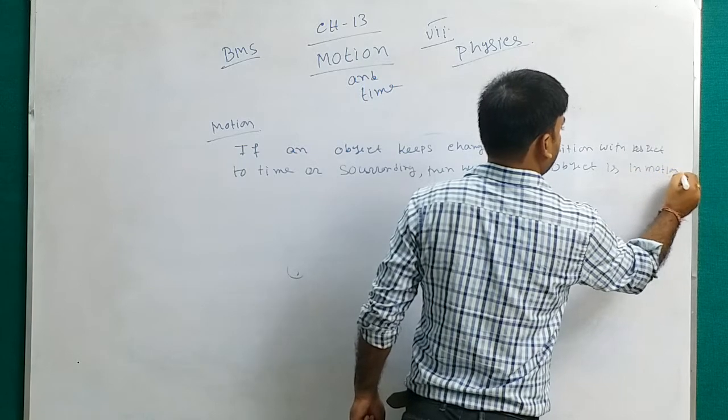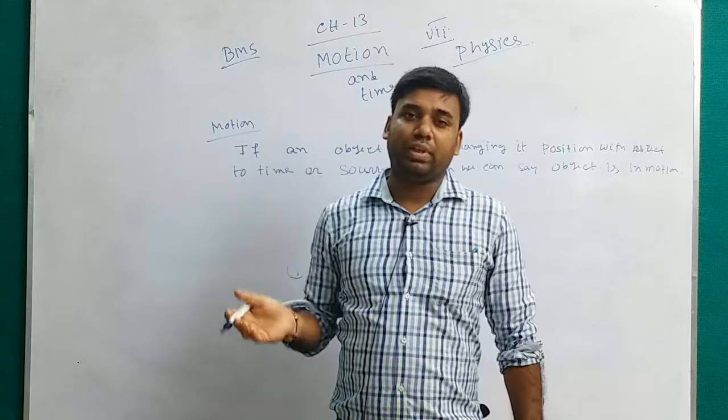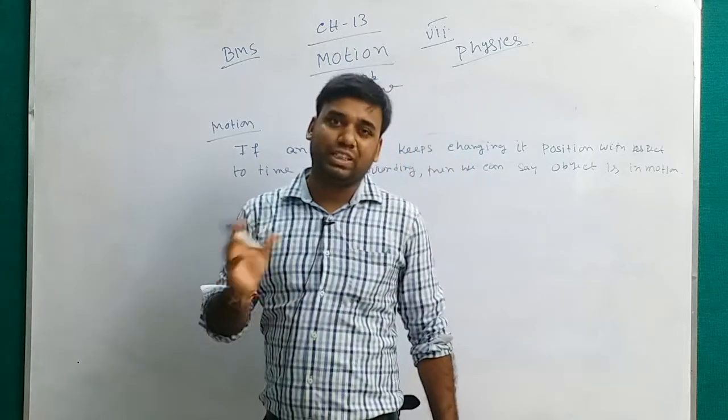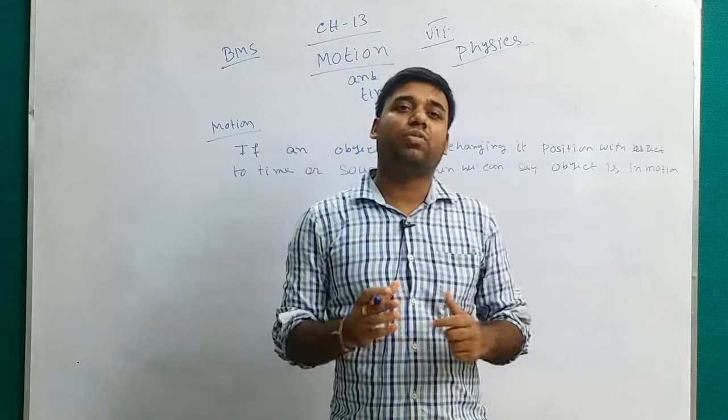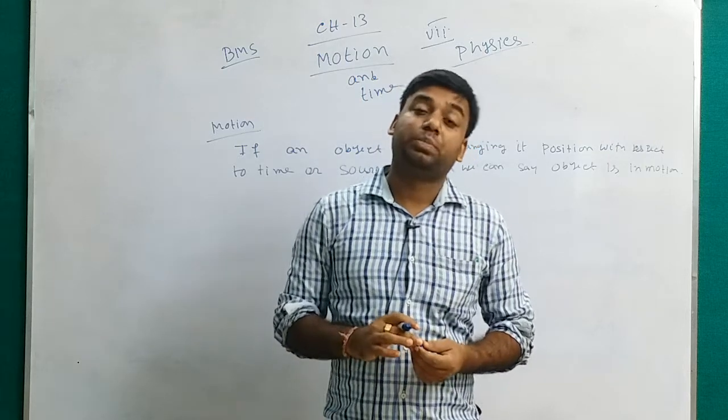Okay, the object is in motion. It means it travels some distance. Later I will discuss the terms distance and displacement. It travels or covers some distance with the changing of time, with respect to surroundings.